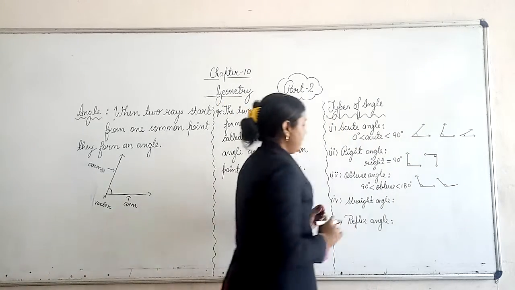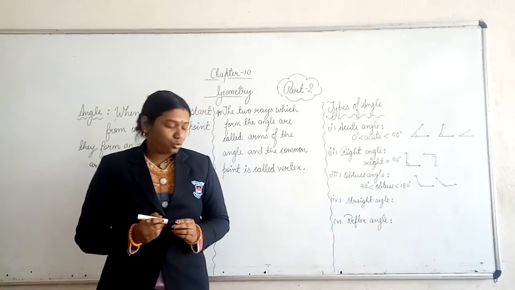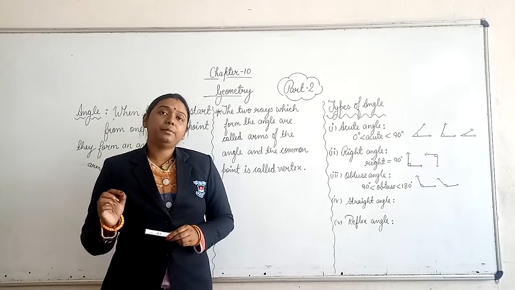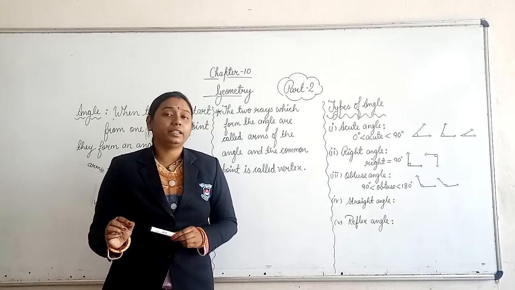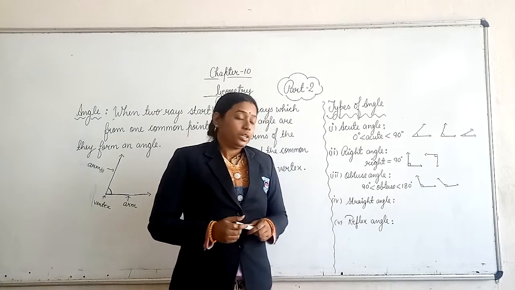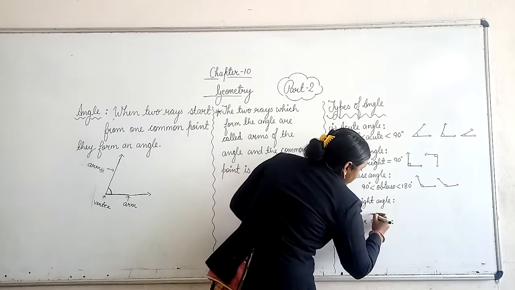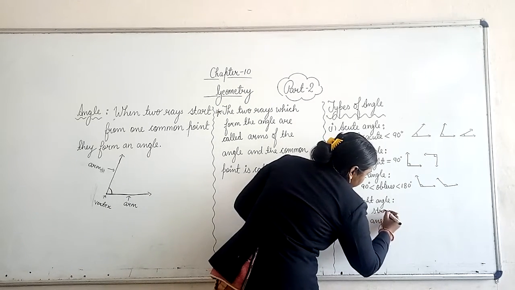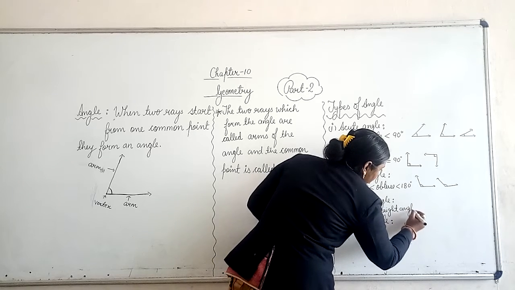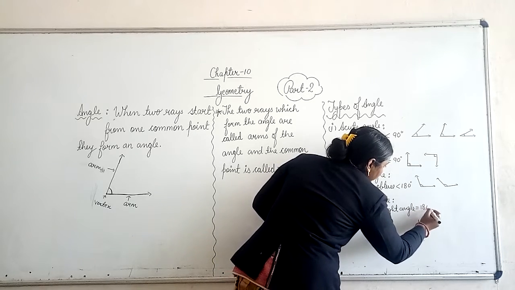The next angle is the straight angle. Now what is a straight angle? Whenever any angle measures exactly 180 degree, it is called a straight angle. Let us first write: a straight angle is equal to 180 degree.